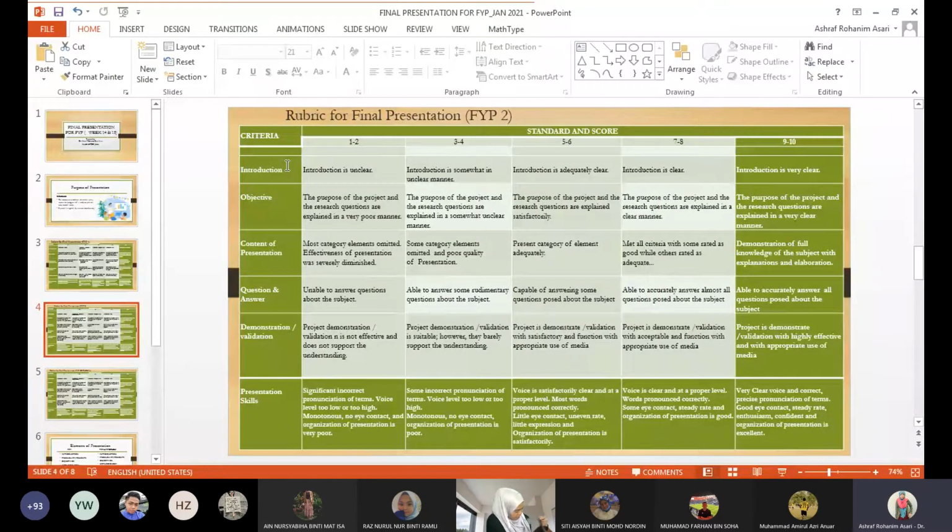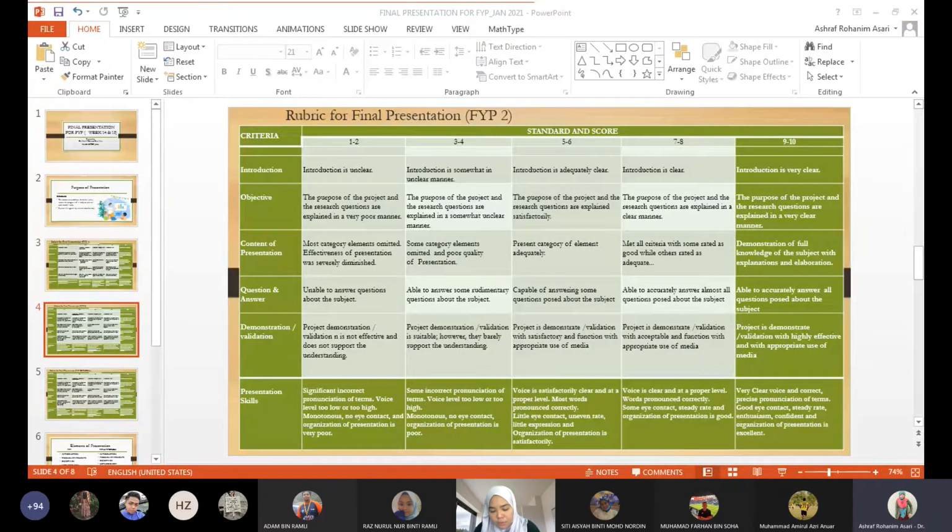For content of presentation, if you refer to your rubric form, it has around 5 elements. The rubric forms for the three assessments, thesis, logbook and presentation, can be downloaded from VLE, so please refer to VLE for the presentation.